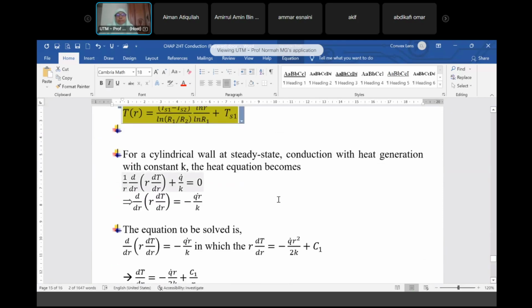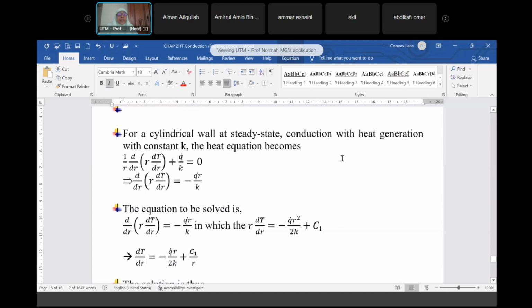So let's have a look for cylindrical wall at steady state, conduction with heat generation with constant k. The heat equation becomes this. So here we have steady state, one-dimensional in r, constant thermophysical properties, isotropic material with heat generation. So heat generation is given.